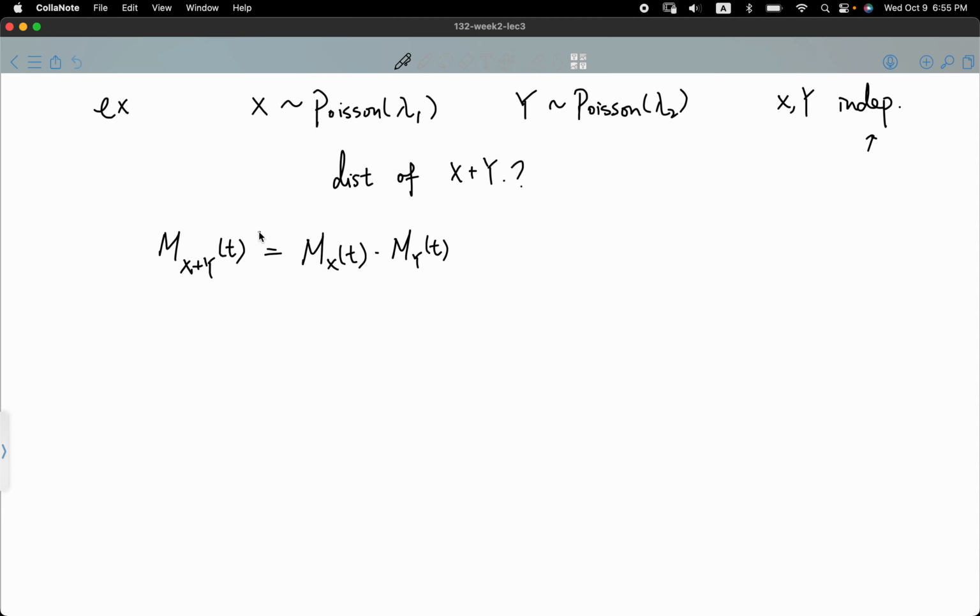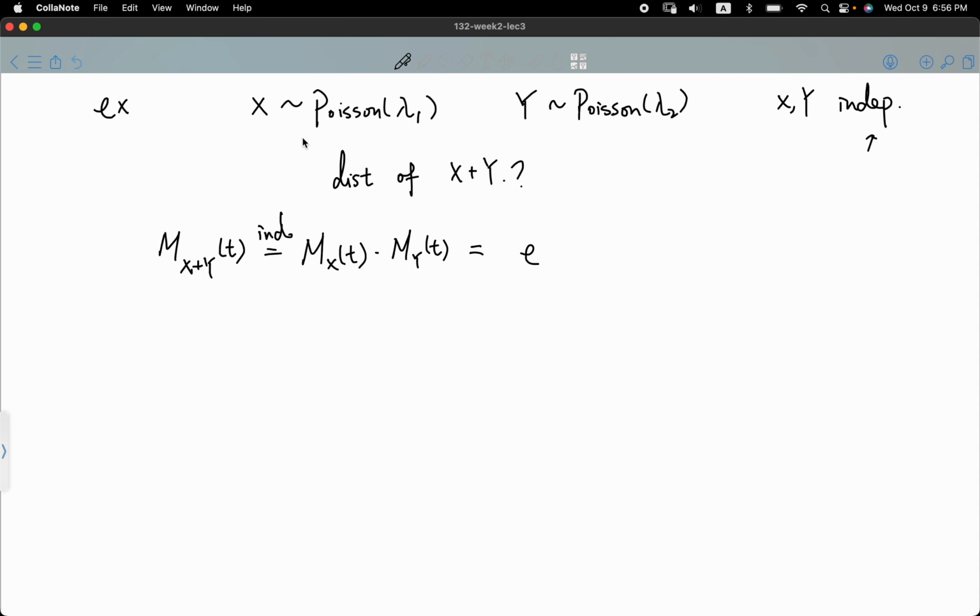This is because they are independent, and it is also related to the properties of the moment generating function that we introduced last lecture. Okay, so now that we have decomposed it into a product, we can just plug in the moment generating function for the Poisson distribution, which is also something that we derived earlier.